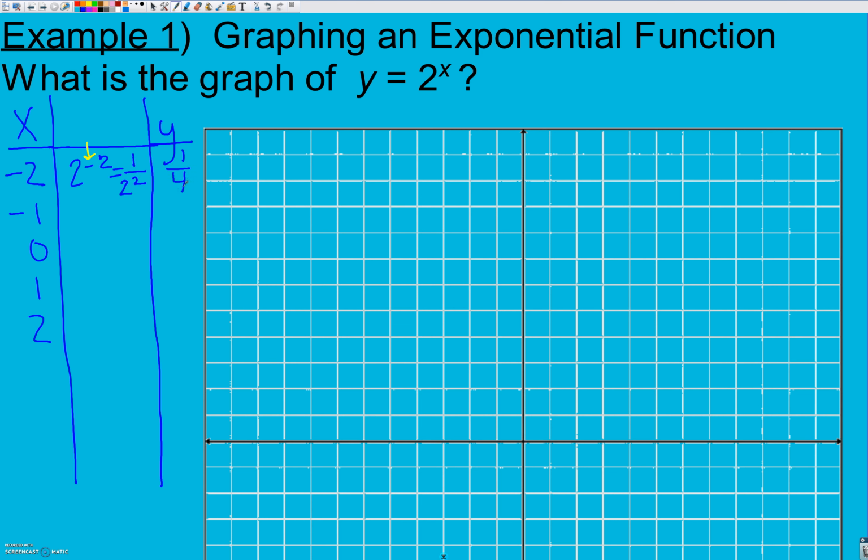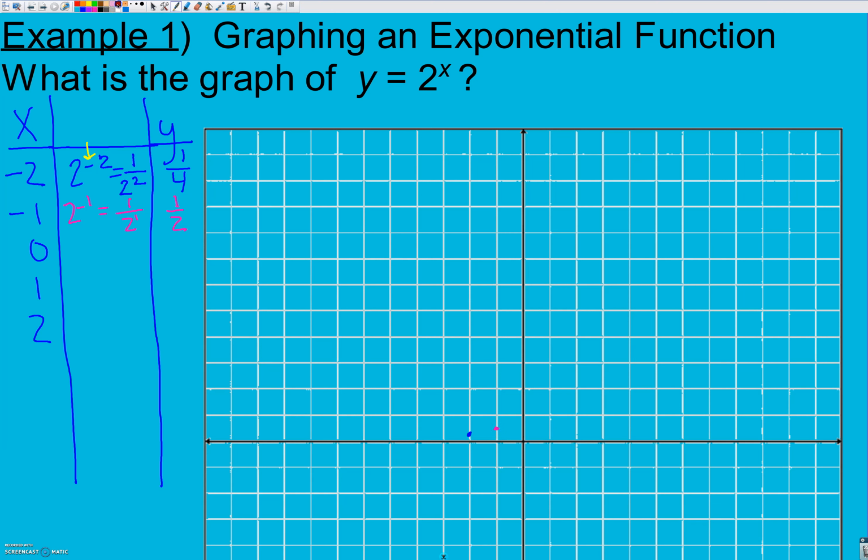So I have a point at negative 2, 1/4, right about here. Okay, my second point, I'm going to take 2 to the negative first power. And again, that negative means it's going to be 1 over 2 to the first power, which is 1/2. So at negative 1, I'm going to go up to about half right here.